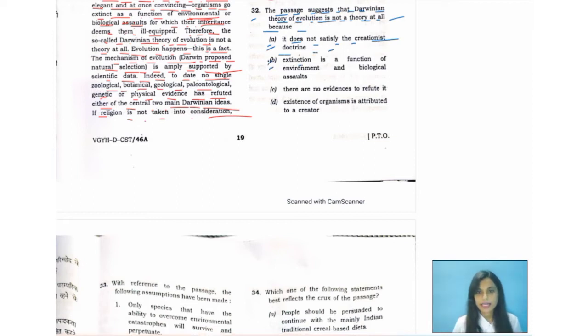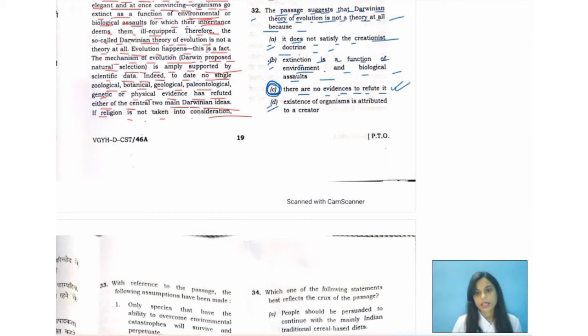Number B says extinction is a function of environment and biological assaults. No, there are no evidences to refute it. Yeah, there are actually no evidences to refute the Darwinian theory.